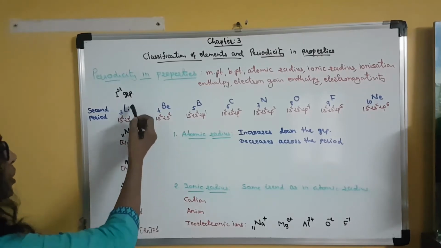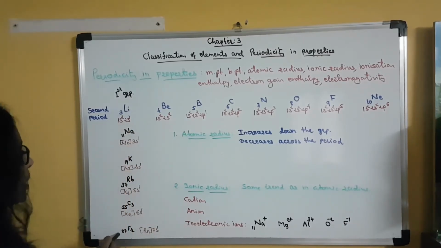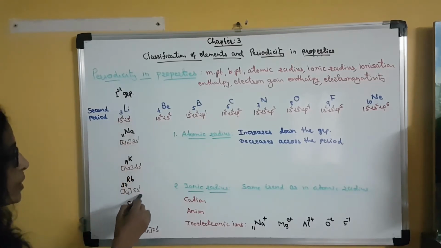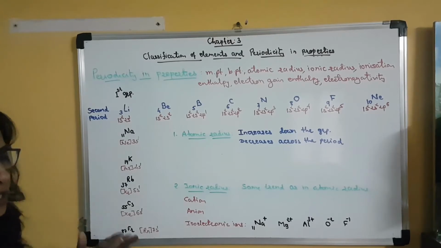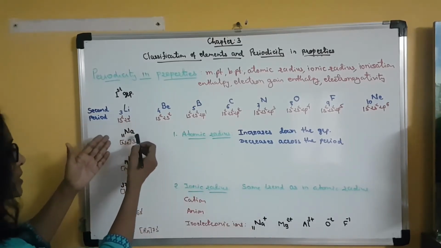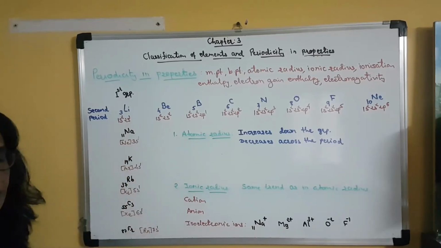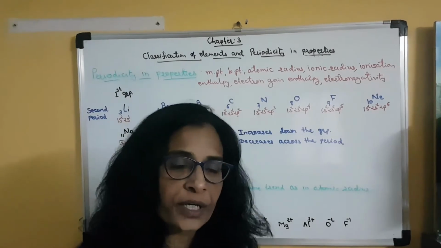Got it? So when we go down the group, with increase in the atomic number, the number of orbitals also increases. It means the valence electron is going away from the nucleus, and as the atomic number increases, the number of electrons in the inner shell also increases.